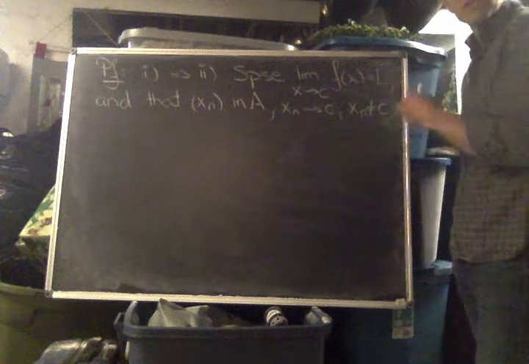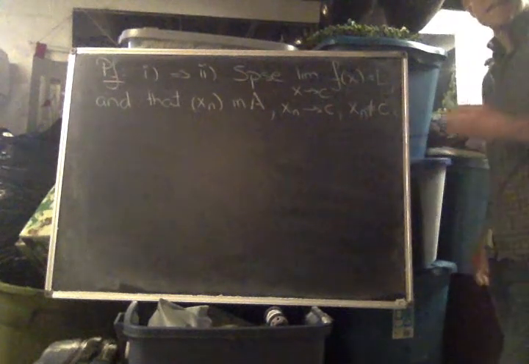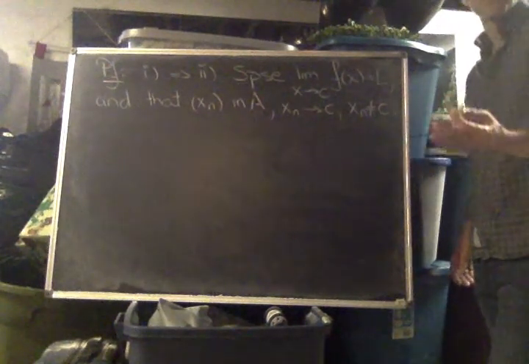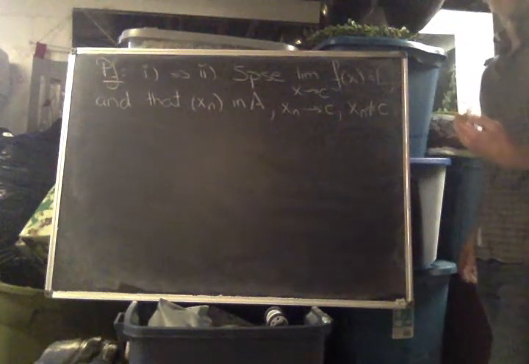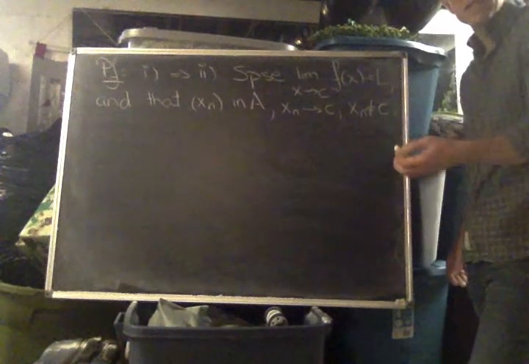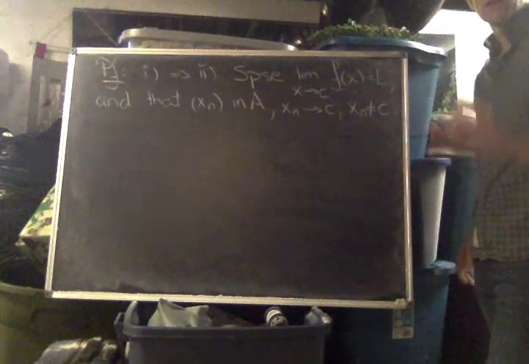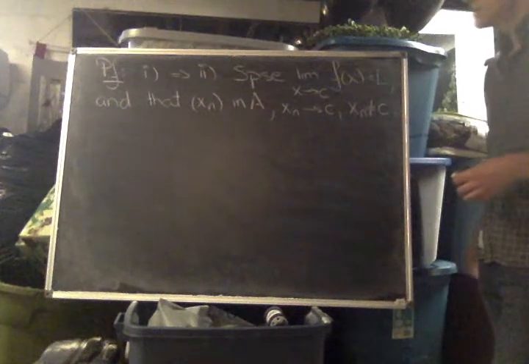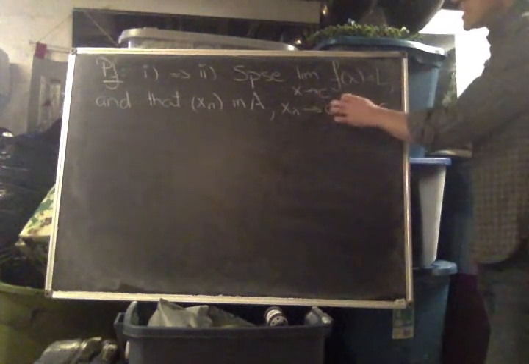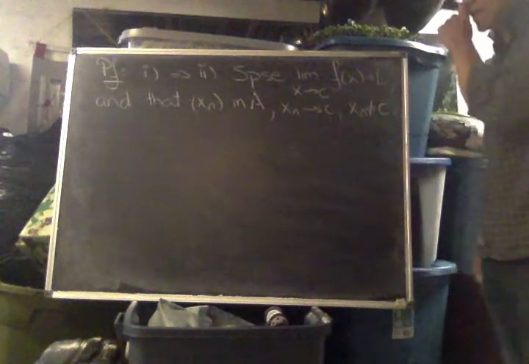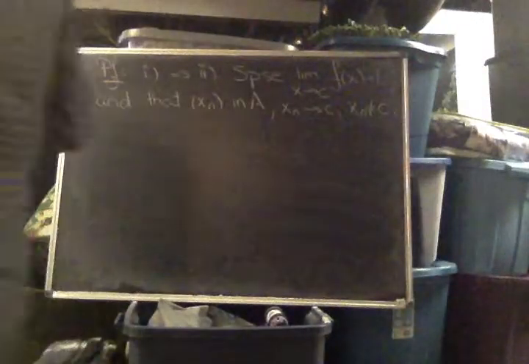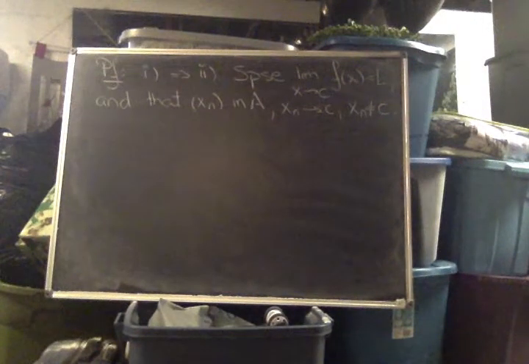And in fact, for a given degree of closeness, we could always give you a capital N, a natural number, such that for every element in the sequence whose index is bigger than that natural number, the distance between the sequential elements and c is then less than whatever tolerance you were given in the first place, okay? So, if you're close to c, f of x is close to L, and this statement here allows us to get close to c, okay? And the relationship between those two things comes from the definition of the limit of f of x equals L.